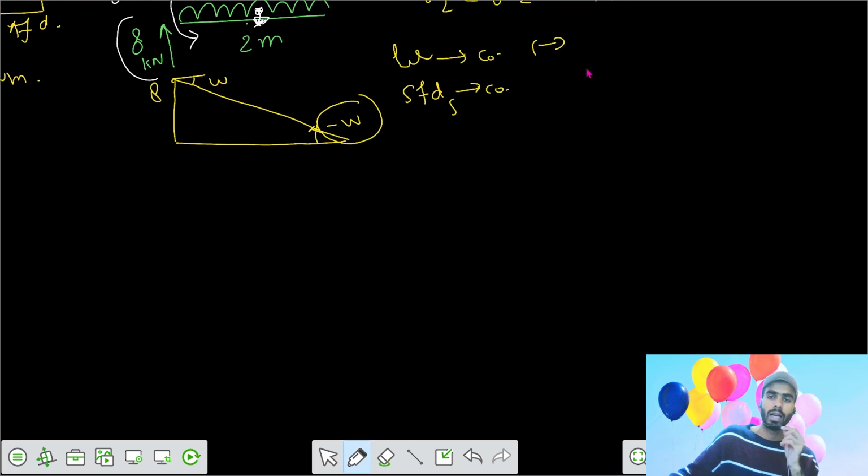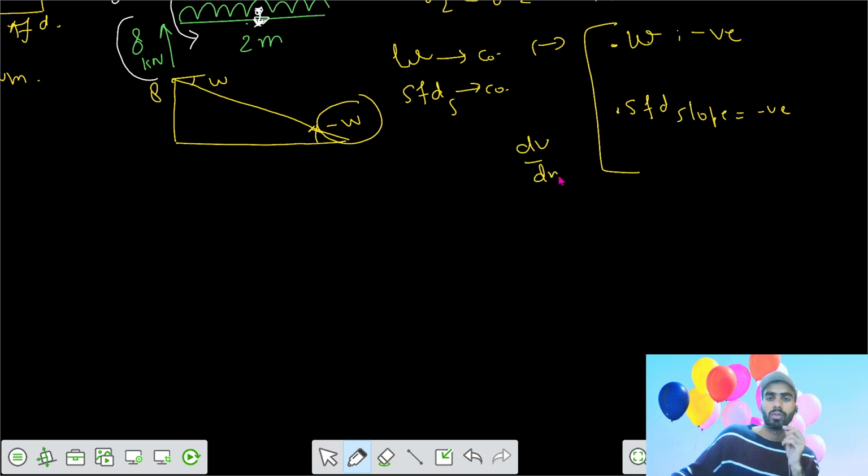So as a shortcut we can say that if the value of loading intensity is negative, that means your shear force diagram slope is negative, by the relation dV by dx equals the loading intensity: slope and loading.